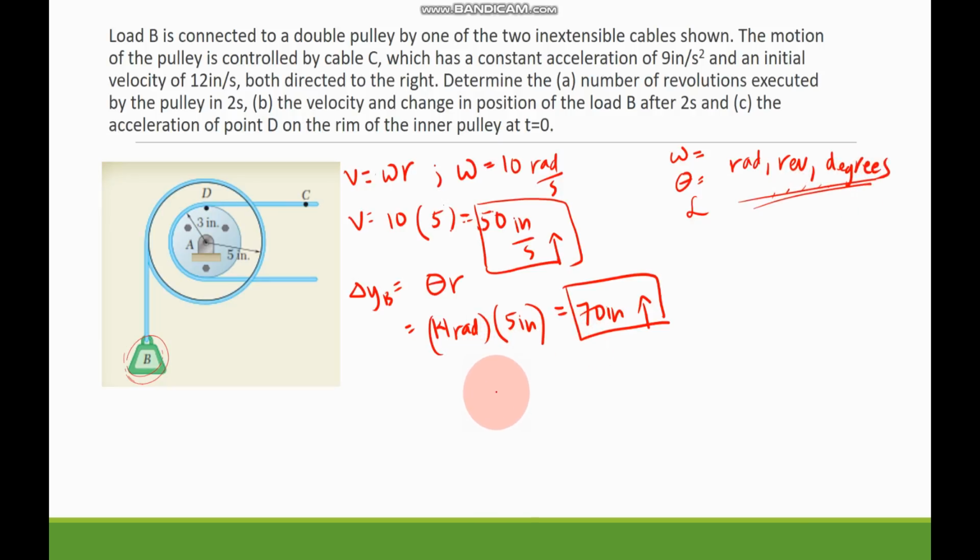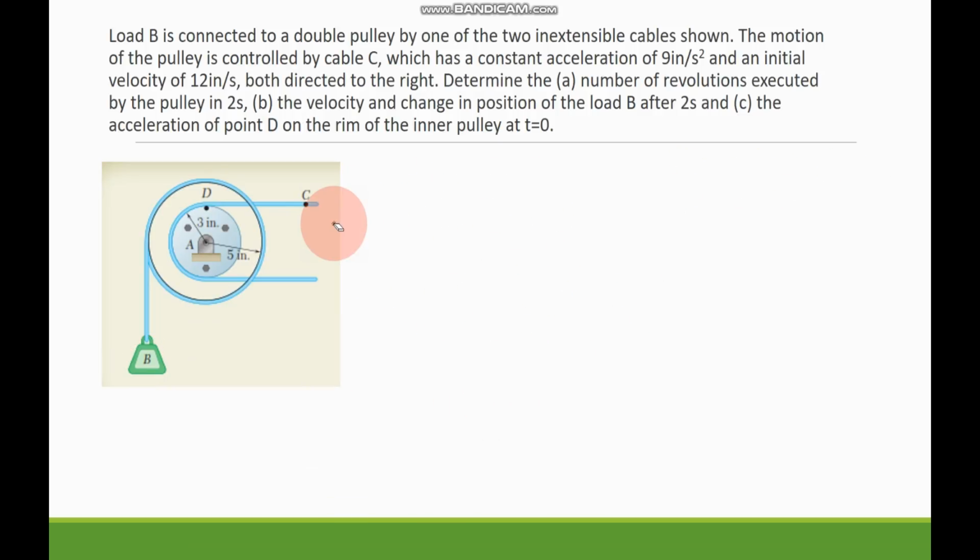So for letter C, the acceleration of point D on the rim of the inner pulley at t equal to 0. The tangential acceleration at point D is equal to the acceleration at point C, which is 9 inches per second squared.